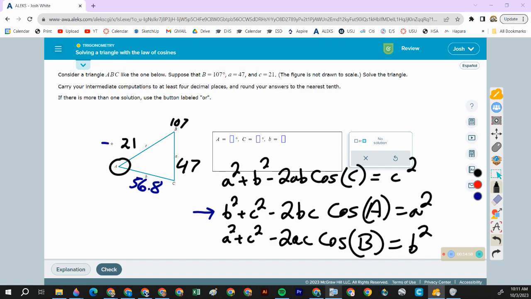So that would use the 21 and the 56.8. So 21 squared plus 56.8 squared minus 2 times 21 times 56.8 times the cosine of A is equal to 47 squared.